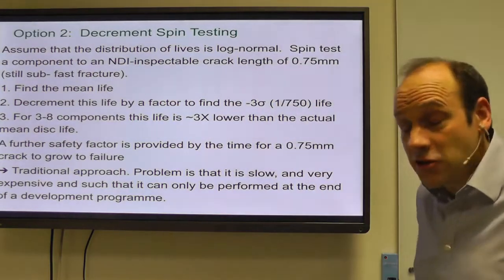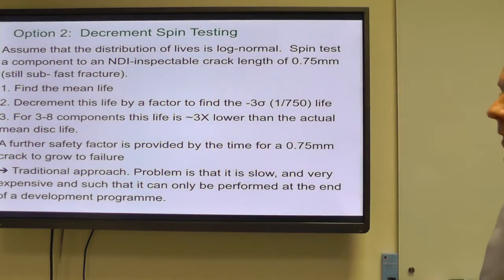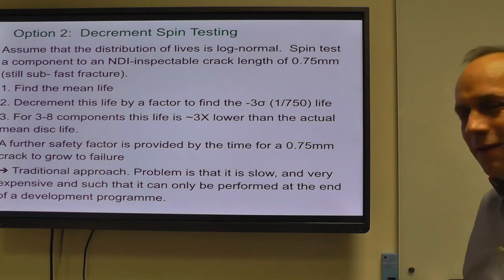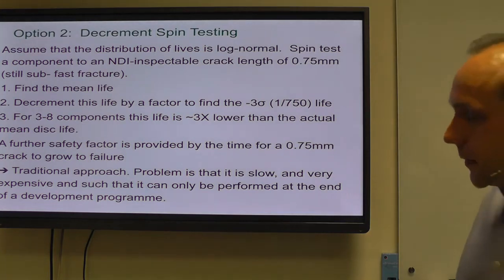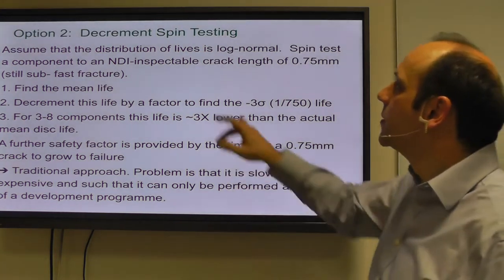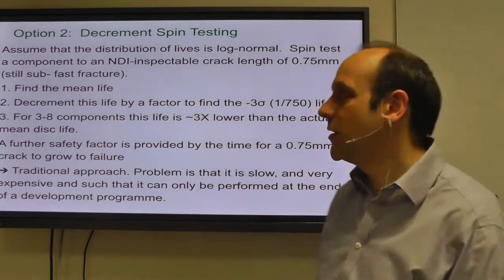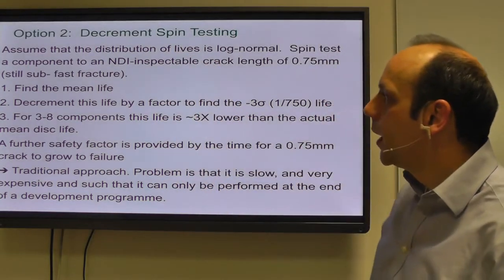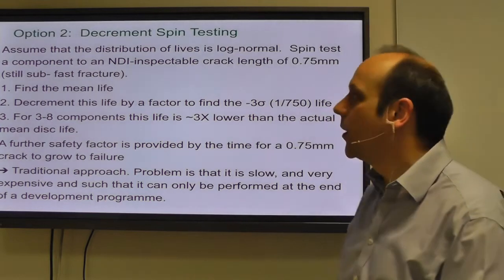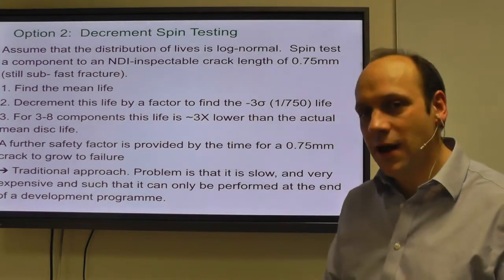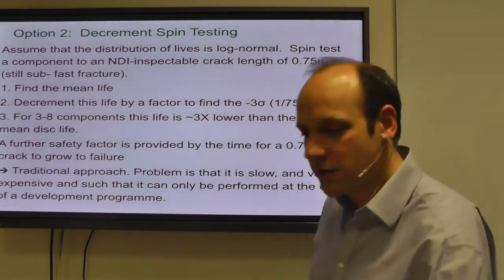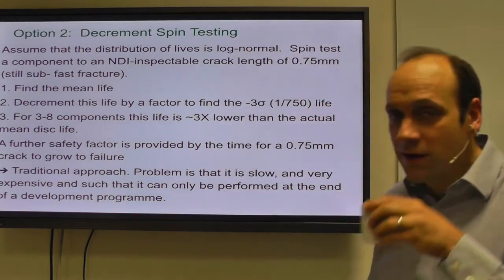What the industry has historically done is they've taken an empirical approach based on testing. So if you assume that the life distribution is log normal, and you spin test a component until you get to a crack length that you can find by non-destructive inspection, it's about 0.75 millimeter.